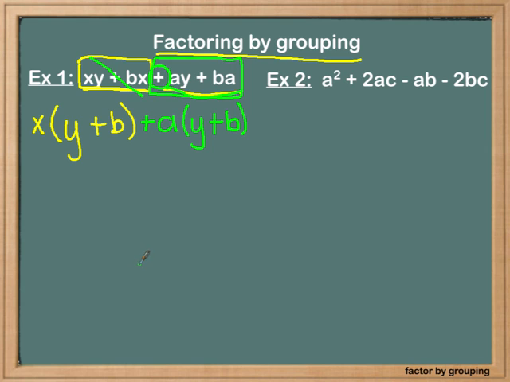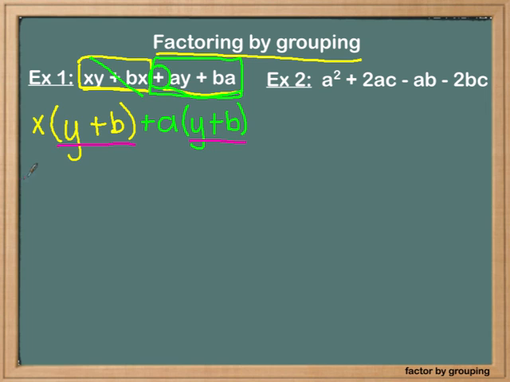Alright, so that's good. So far so good. We've done two separate GCF problems within this problem. Now is where the Algebra 2 comes in. Now what I want you to notice is, what does this whole thing have in common? It's something you're not used to. What it has in common here is a y plus b. The first part has a y plus b and the second part has it too.